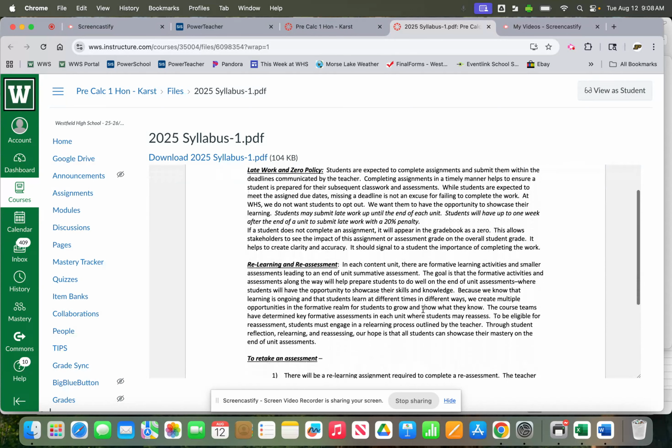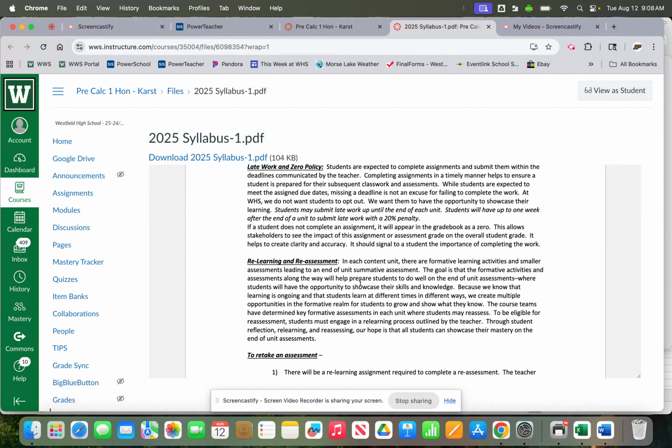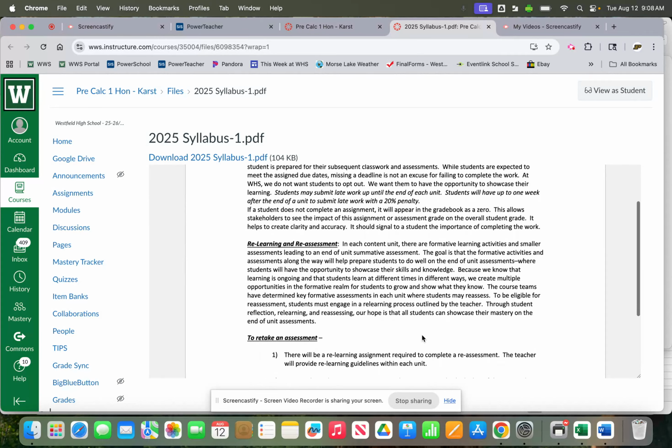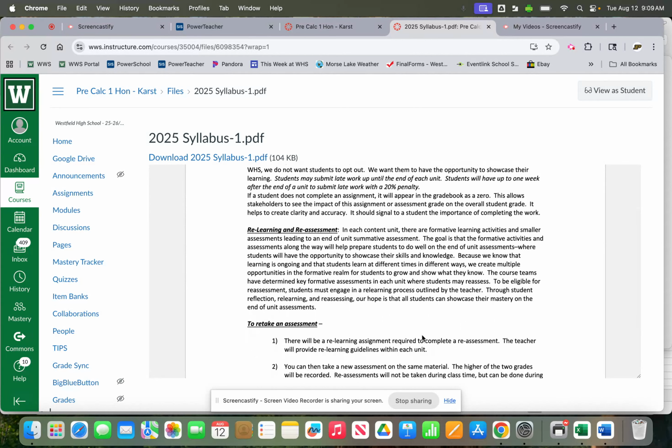If you look here at the relearning reassessment opportunities, students will get the opportunity to re-engage in those formative assessments as well, and they can do some sort of adjustment, relearning opportunity, whether it's a correction or extra practice problems or something of that nature. Once that's completed, then the students can retake that formative assessment and earn the higher of the two grades, which I would assume would be the second one.